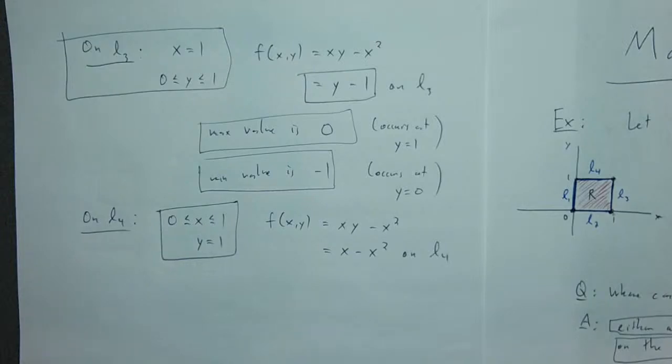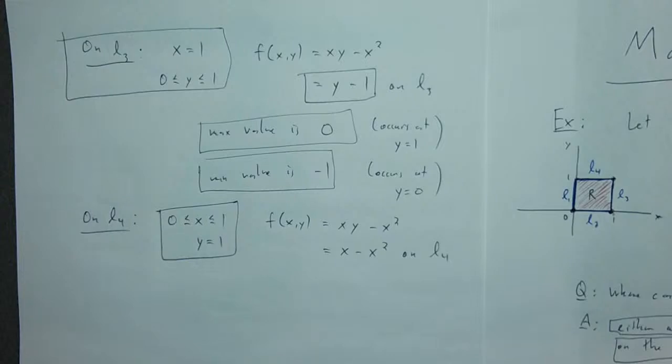I have a function, x minus x squared, on a closed interval, since y is fixed. We have a closed interval, 0 to 1. I have a function of a single variable on a closed and bounded interval. Okay, how do I find its max and min?